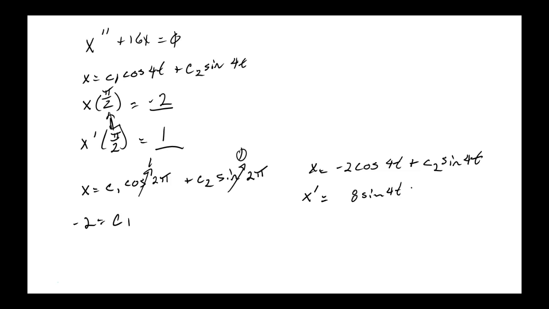The cosine gives you, derivative of cosine is minus sine, so that loses the minus sign. You would have a 2 here, and a 4 from the chain rule. So that's that. Second part.